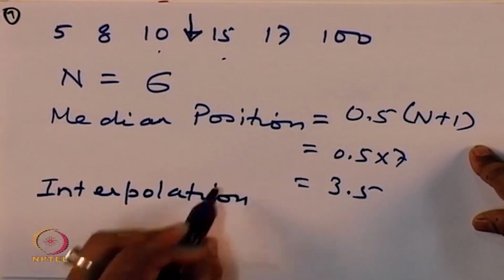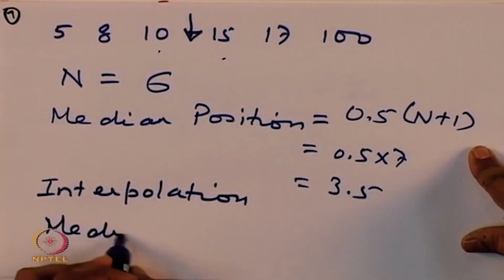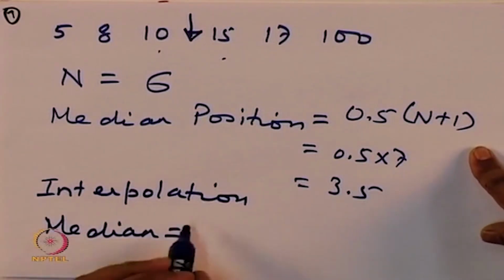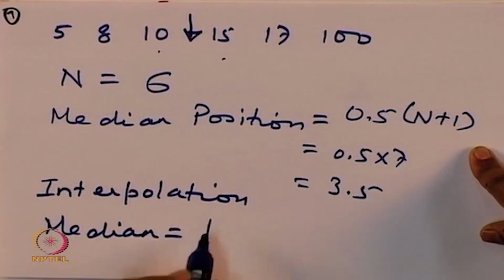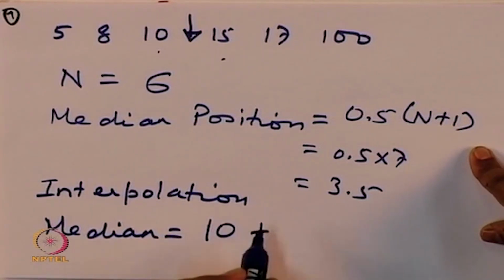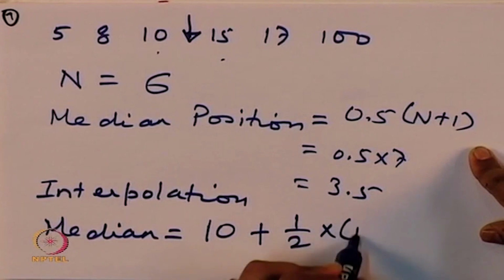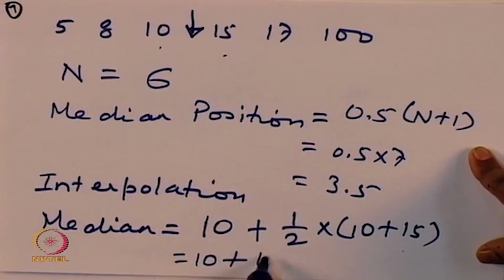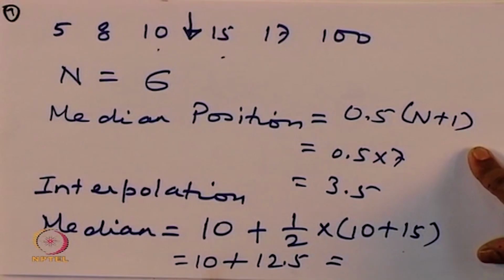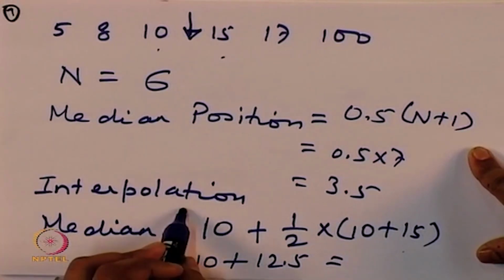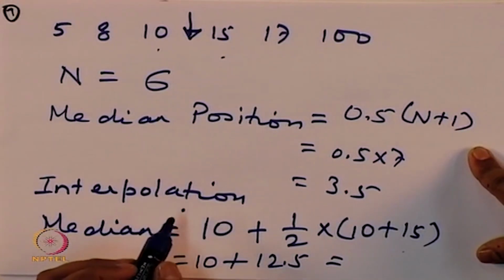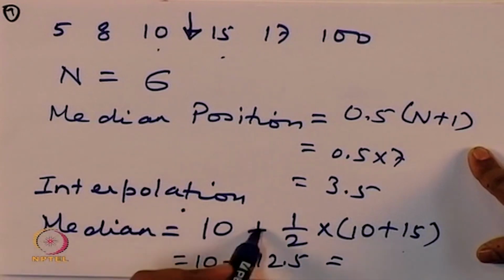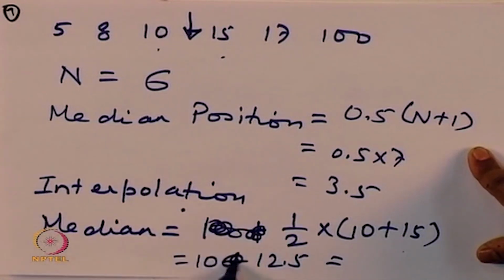So, my median as per this will be the average: 10 plus half into (10 plus 15), which is the middle of these two.